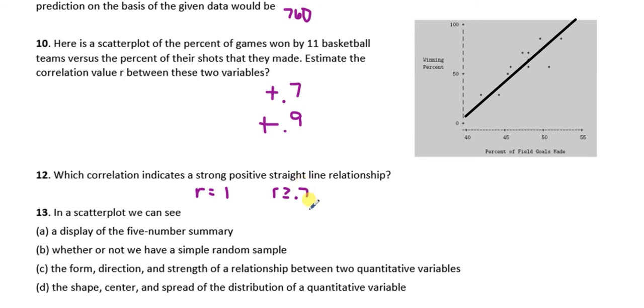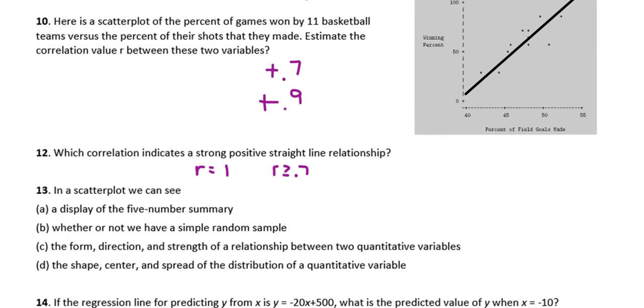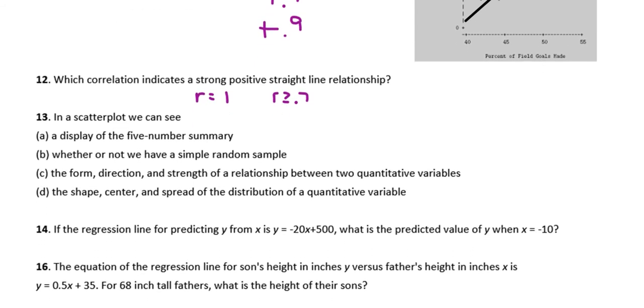So 0.7, you're a pretty strong relationship. Once you get up to 0.8, 0.9, you have a really strong relationship. And then R equals 1 is a perfectly straight line relationship. In a scatter plot, it's form, direction, and strength. Form is linear, direction is either positive or negative, and then our R value close to 1 is strong, close to 0 is weak.